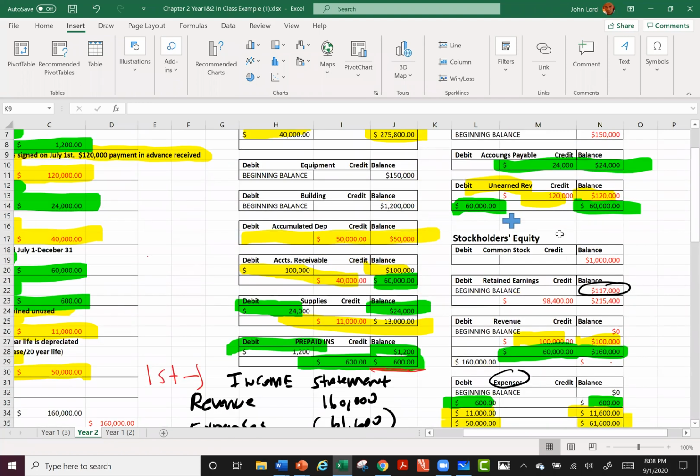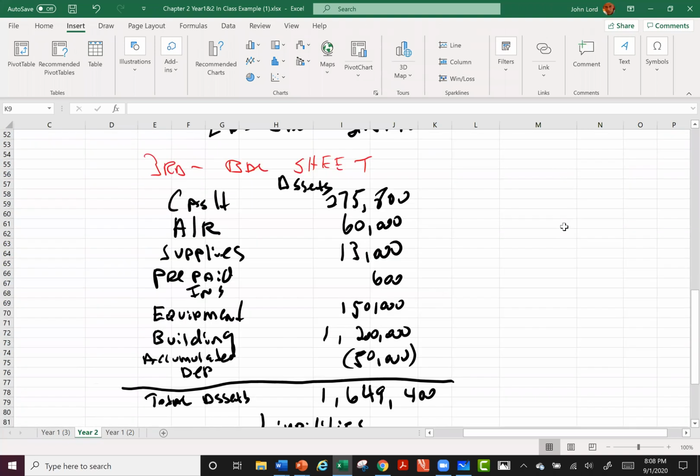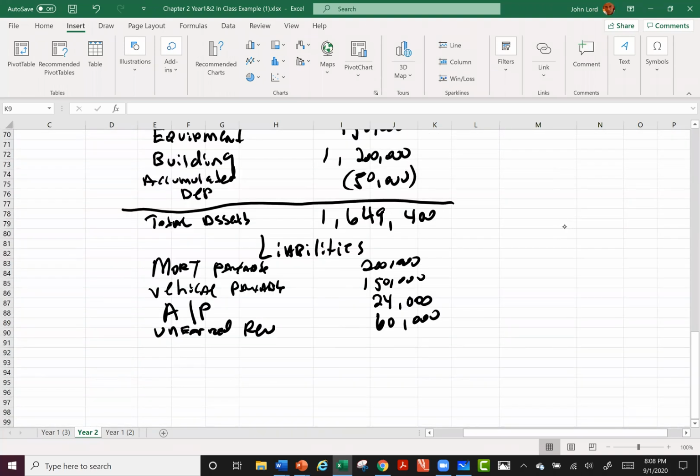No, that looks like everything, right? Okay, so I go ahead and with my calculator, I add up the total liabilities. Total liabilities, guys.